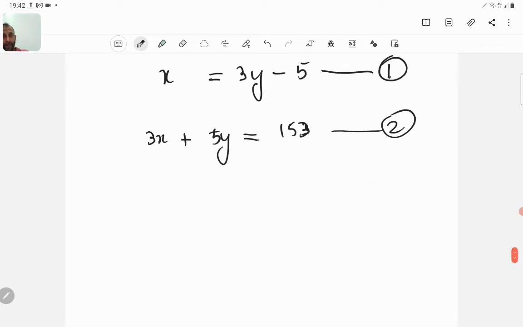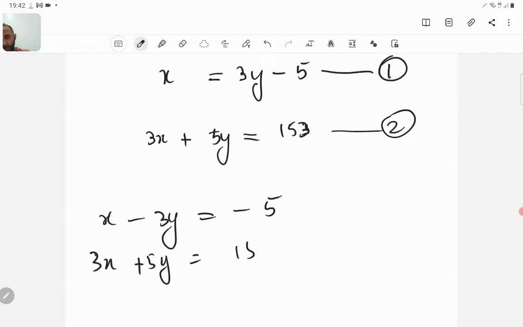So let's simplify. X minus 3y is equal to minus 5, equation number 1. 3x plus 5y is equal to 153, equation number 2.